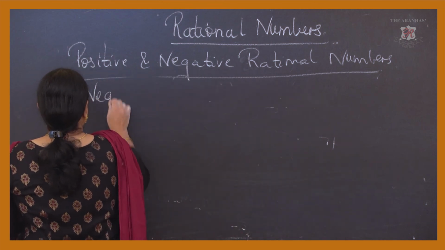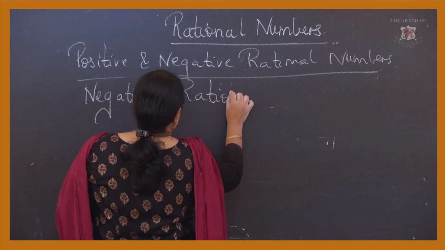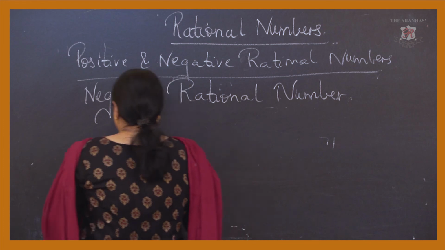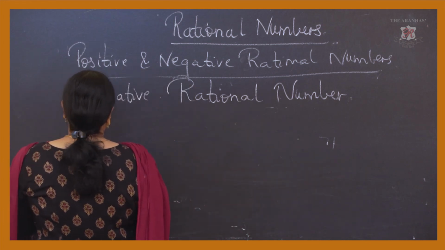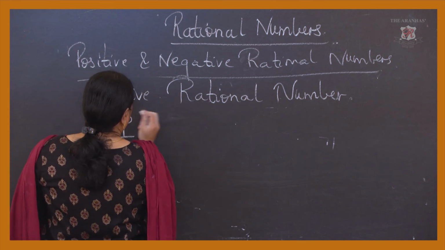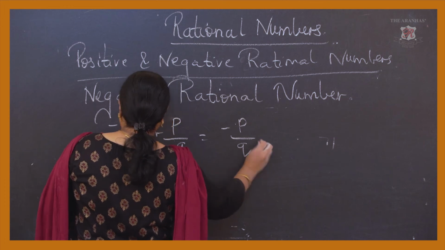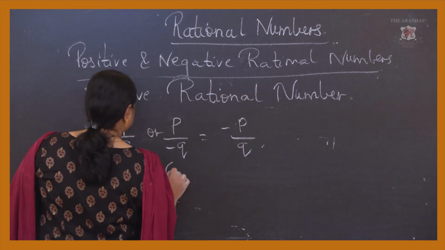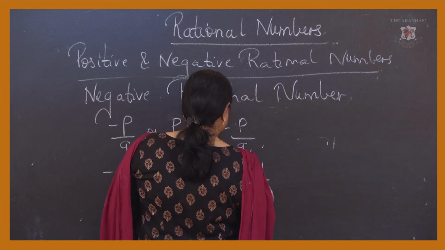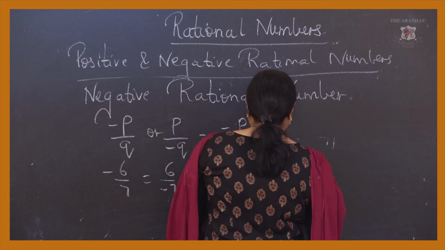When we say negative rational number, again they can be written with negative and positive signs. You have minus p upon q, or you can say p upon minus q, is equal to minus p upon q. Now minus 6 upon 7 is equal to 6 upon minus 7, and minus 14 upon 27 is equal to 14 upon minus 27.